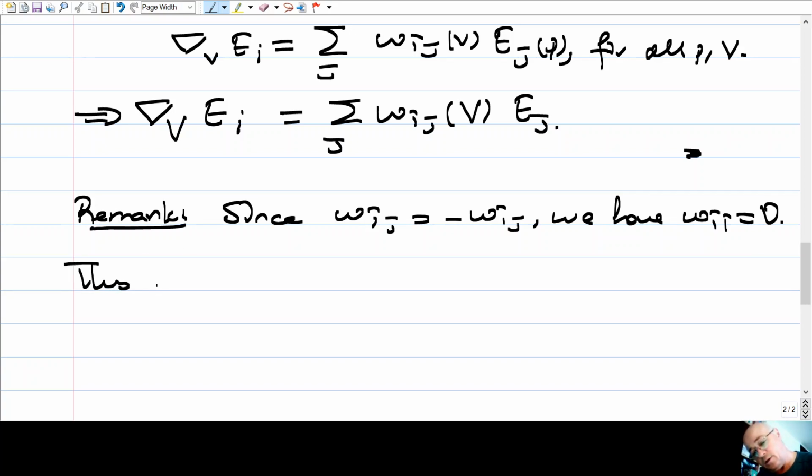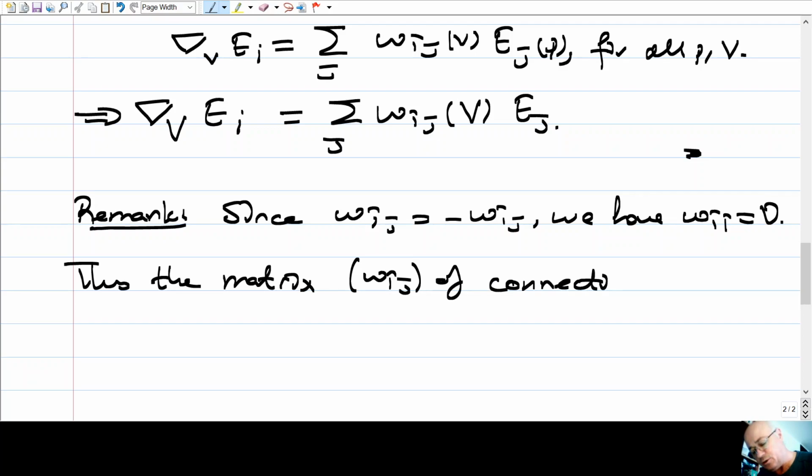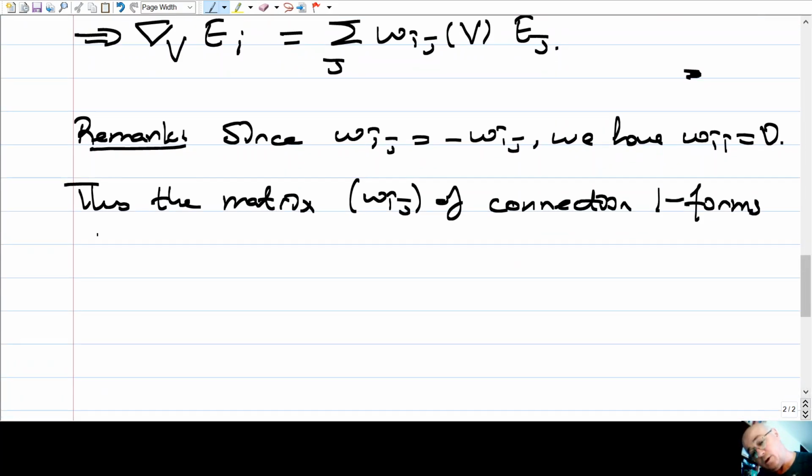Thus, the matrix Wij of connection one forms is what? Well, let me write it like this.